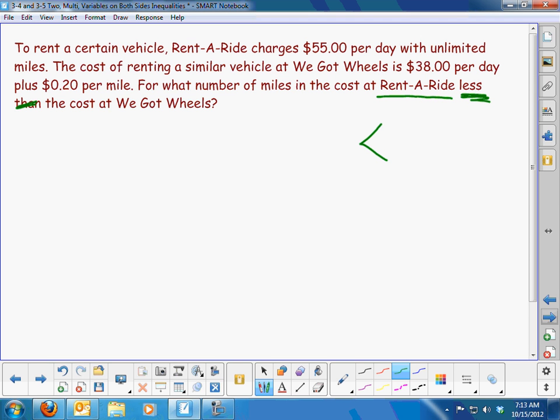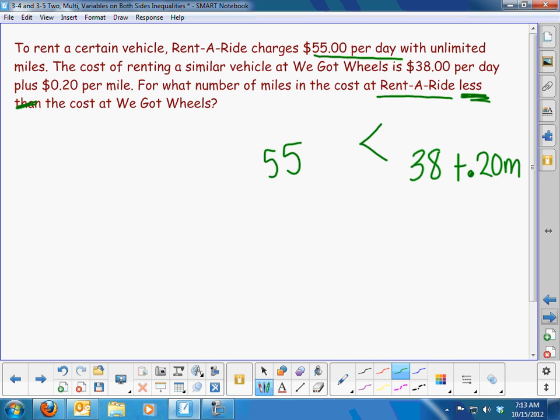So Rent a Ride charges $55 per day with unlimited miles. The cost of renting a similar vehicle at We Got Wheels is $38 per day plus 20 cents per mile.